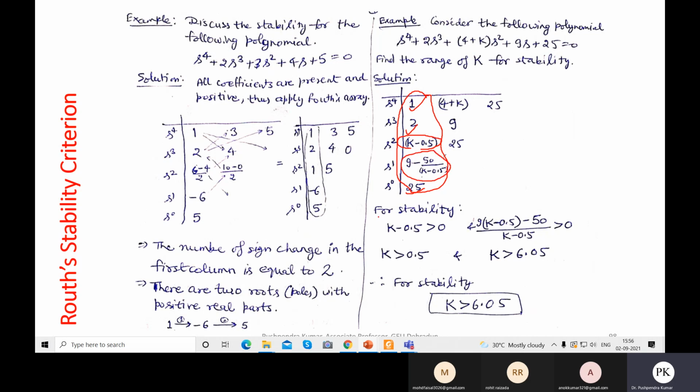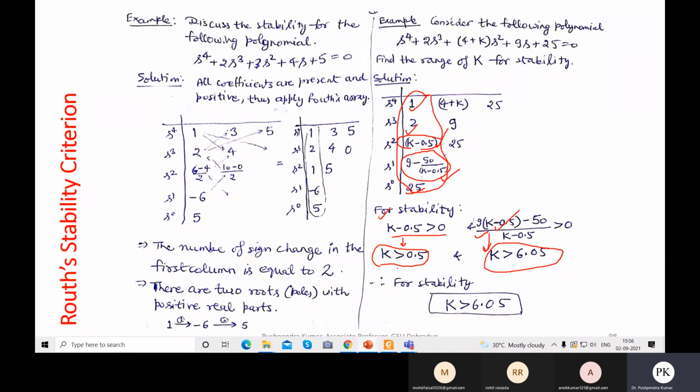To make them positive for stability, the first condition is that k minus 0.5 should be positive, and this other term should also be positive. So from here, k should be greater than 0.5, and if we simplify this expression, it gives me that k should be greater than 6.05.